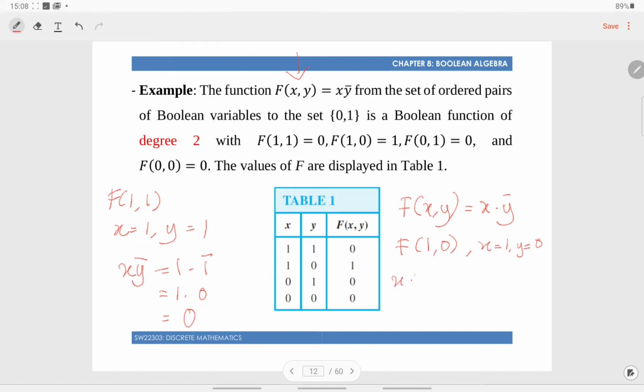So x times y complement is equal to 1 times 0 complement. So 1 times 0 complement equals 1 times 1, which equals 1. So if we list down all the outputs for f(1,1), f(1,0), f(0,1), and f(0,0), we can come out with table 1. This is all the possible combinations, and this is the output for each combination.